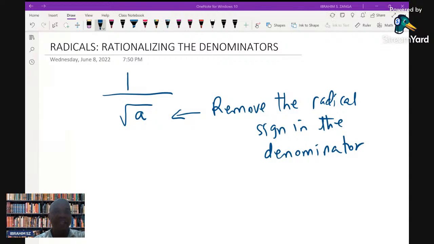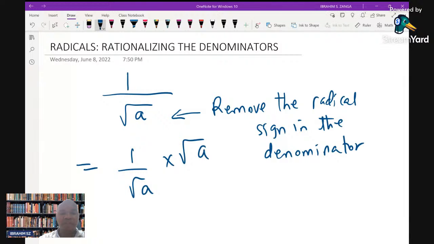For this case here, we are going to multiply by the same square root, in both denominator and numerator. And by doing that, actually, we will be in position to remove the square root sign. So we're going to say this is 1 over square root of a times square root of a over square root of a. What we did here, actually, we just multiplied it by 1, okay?